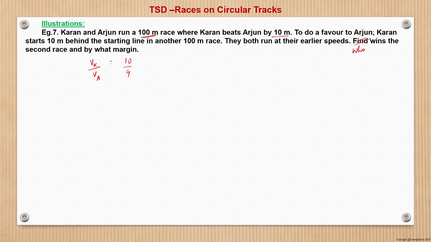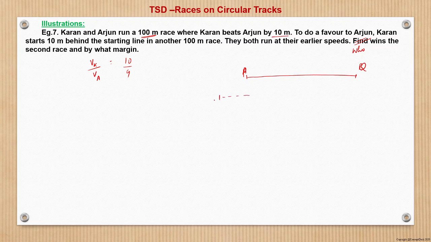Now, as a favor to Arjun, Karan starts 10 meters behind the starting line. So if this is the starting line and this is the race course, both were initially supposed to run from this point. However, let the race course be P and Q. So what happens actually?